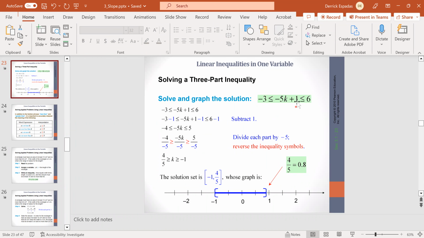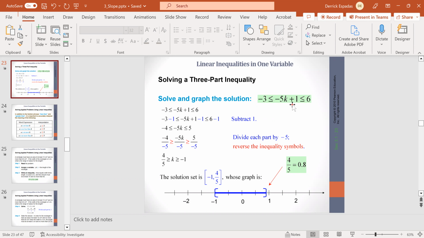We can use any variable we want to represent the mystery number. In this case, we use k. Normally we use x, y, z, but we can use k. That's fine. So remember, we want to isolate k. We're going to start off by subtracting that 1, because subtraction is the opposite of addition.